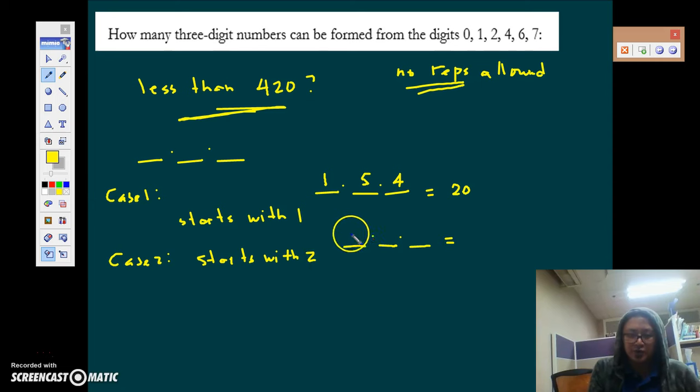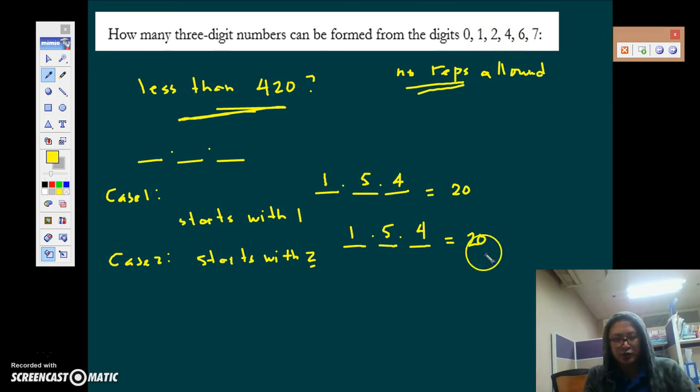So again, this spot here is taken by 2, so only 1. Same as case 1, 0 can now be chosen back, so this would be 5. And then 4, because repetition is not allowed. 20 ways. Again, there are 210, 214, 204, 206, and so on. There are 20 of them.